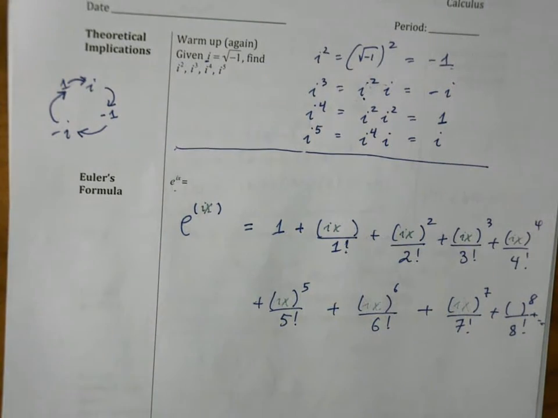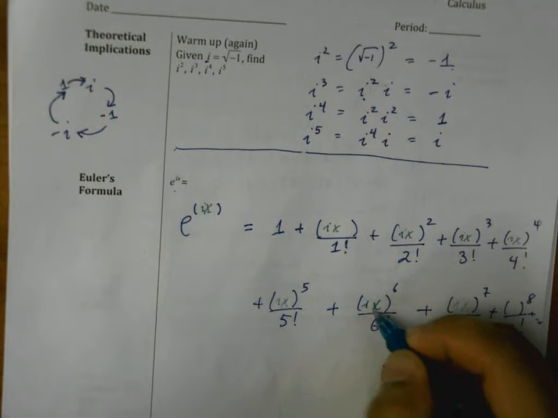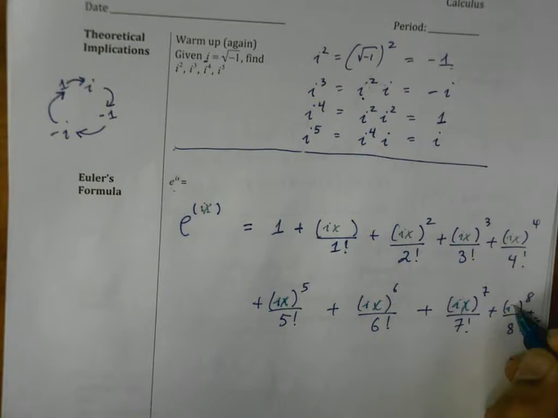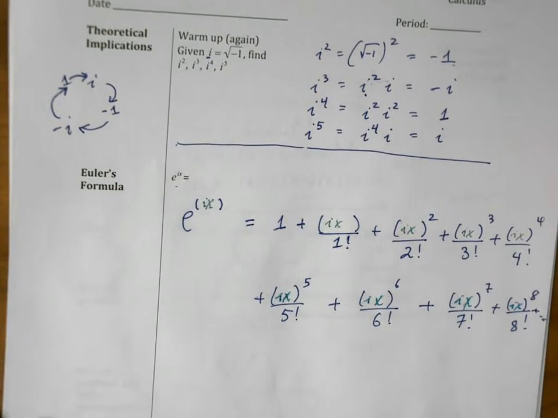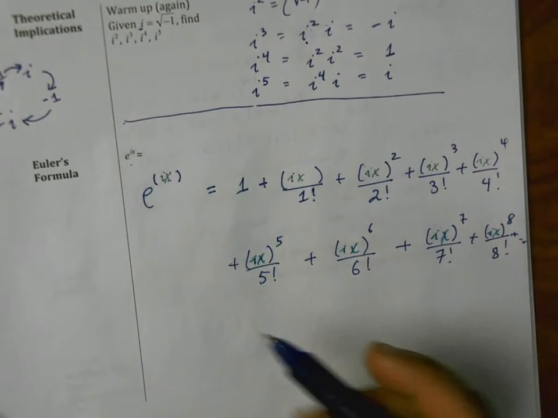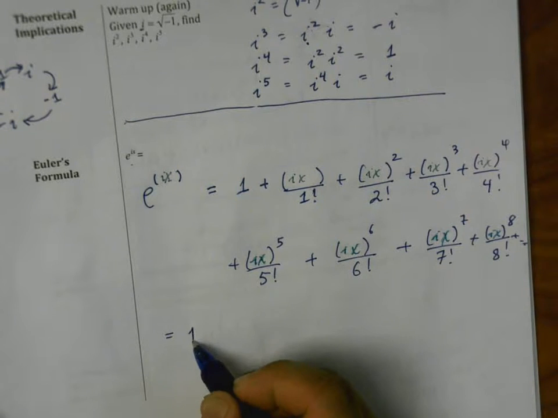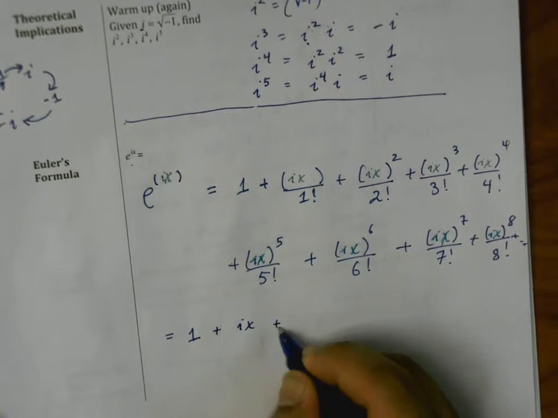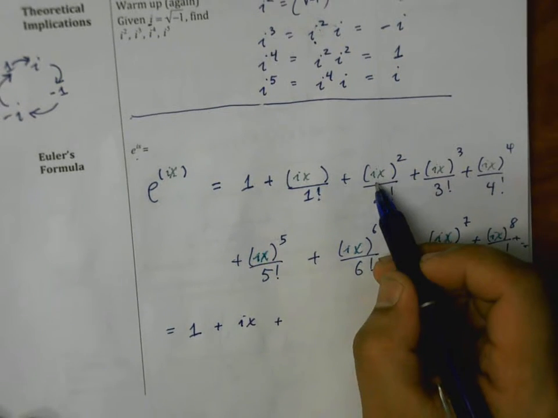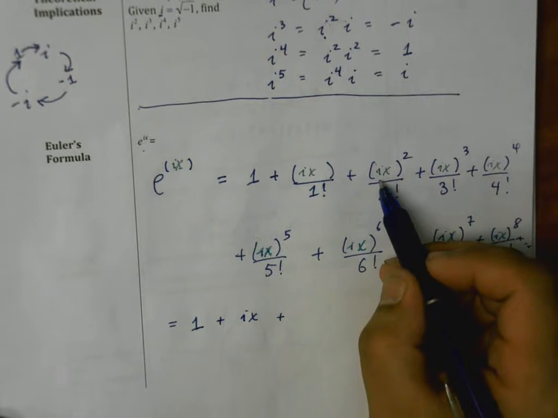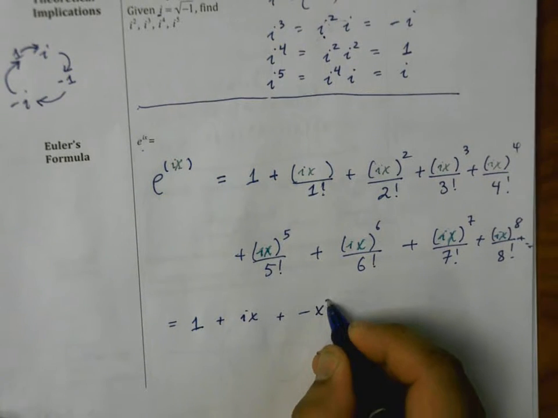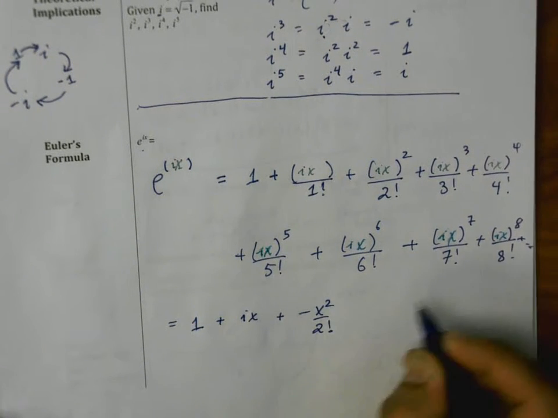Let's see. We put ix into all of those, and so on. Okay, and then let's do the simplification. So this is 1. This is just simply ix. This is going to be i squared x squared, but i squared is -1, so you're going to have -x squared over 2 factorial.